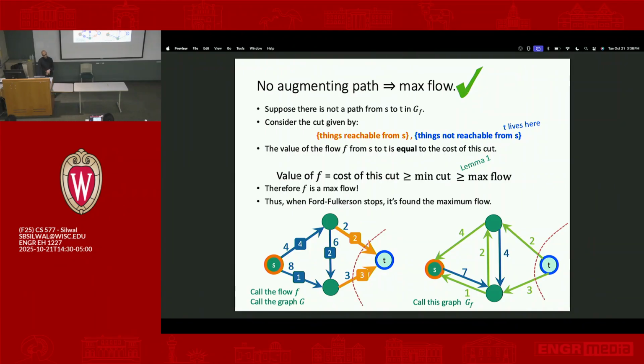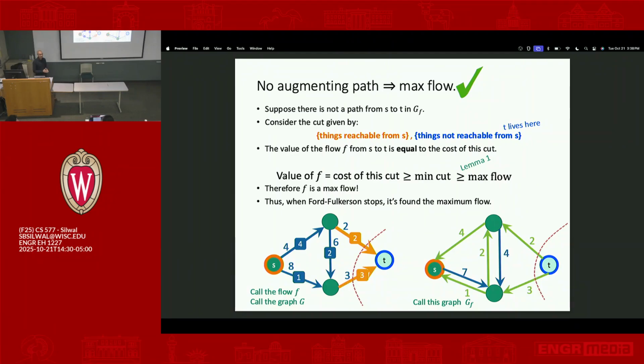So what that means is the flow that I found is equal to the max flow, okay? Look, max flow is on this side and on the other side, right? Max flow is at least as large as the value of the flow that I found. So somehow it's this sandwiching thing where I'm using the same quantity to say that the things in the middle are all the same, okay?